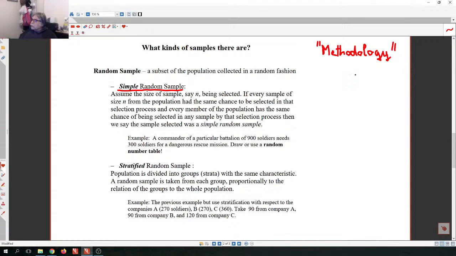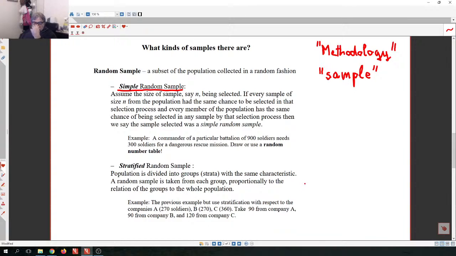So the sample itself has to be distinguished from the methodology of collecting a sample. So when we say that we are having a simple random sample, we are really talking about methodology. At the end it is going to be a sample, but we are talking about methodology.